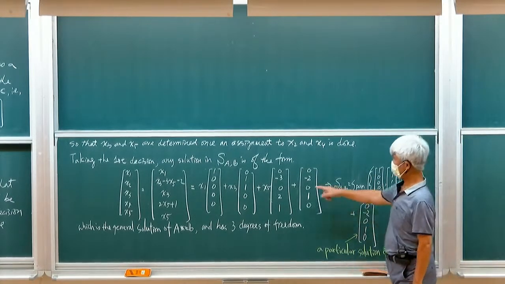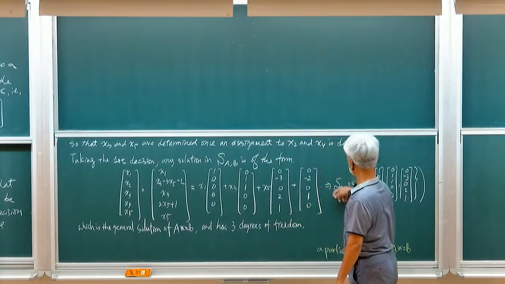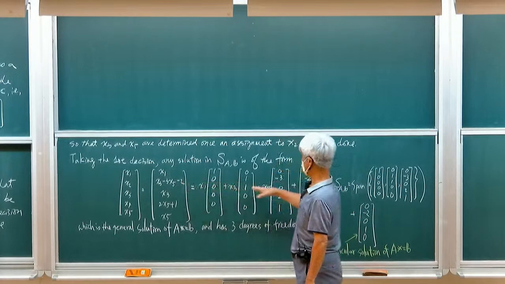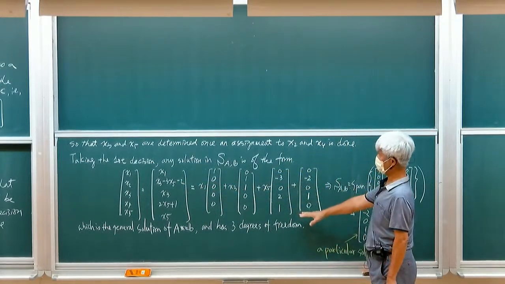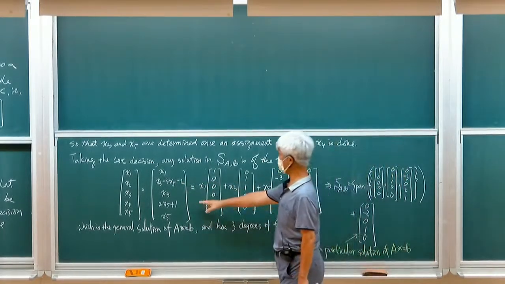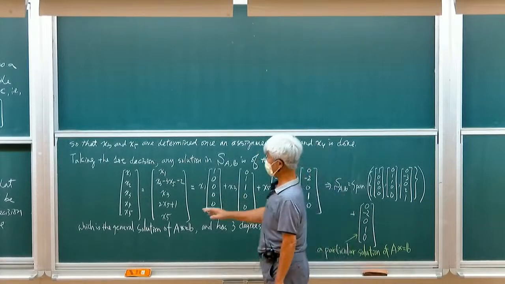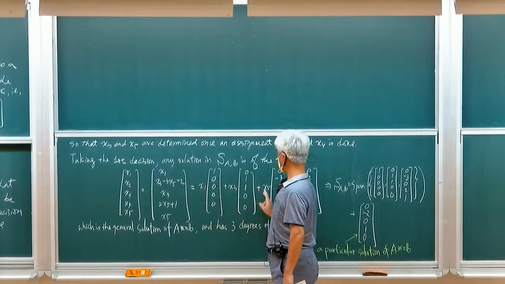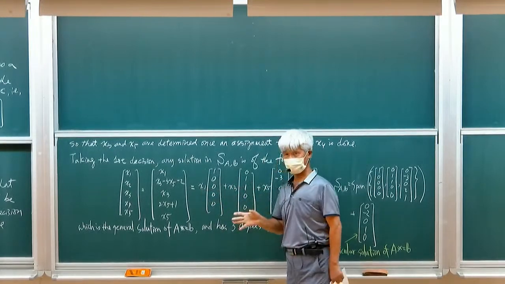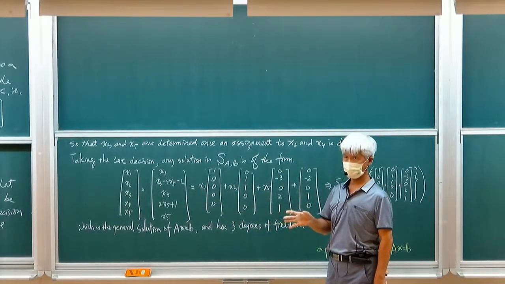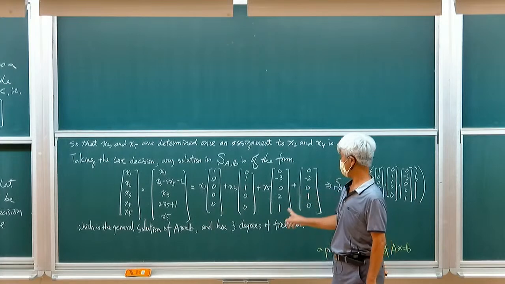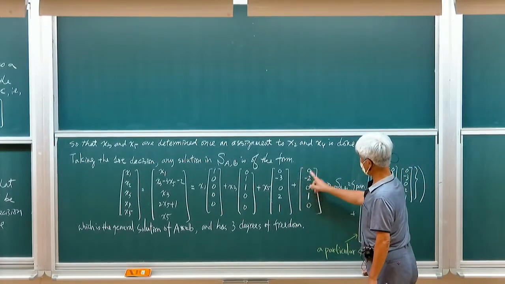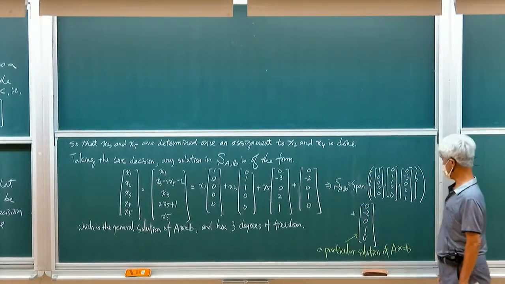Okay, so the solution set consists of a solution of this form. If a solution is expressed in this form, we call it the general solution, because the three coefficients can be assigned freely. So you have 3 degrees of freedom. And the last one is called a particular solution.